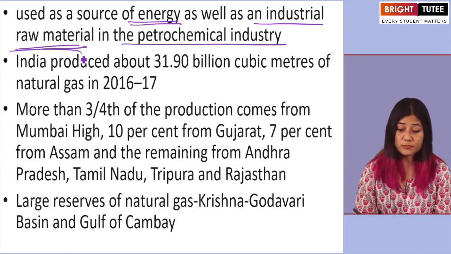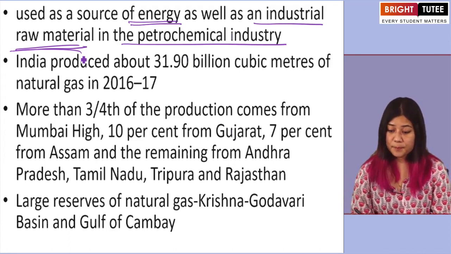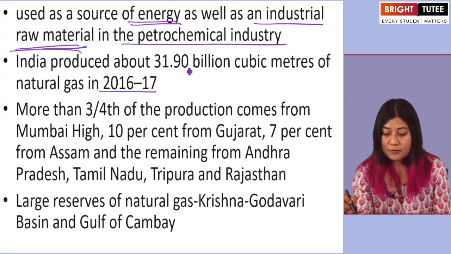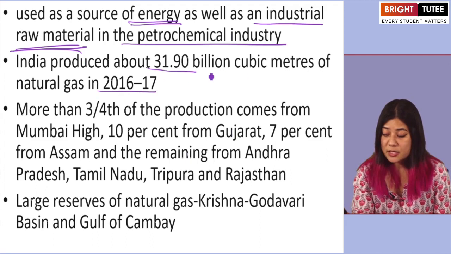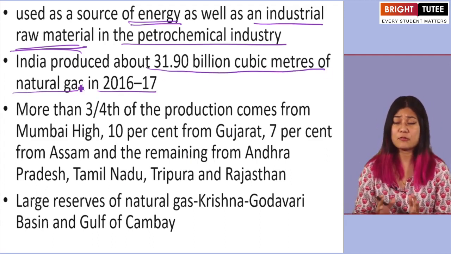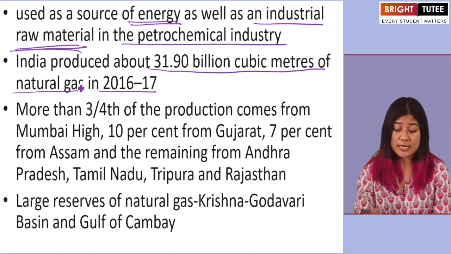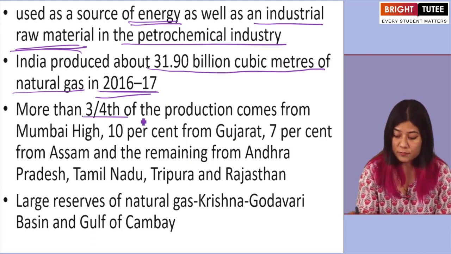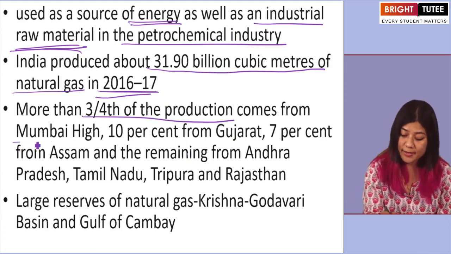In India, in the year 2016 to 17, about 31.90 billion cubic meters of natural gas was produced. So a huge amount of natural gas was produced in India in these years. More than three-fourths of the production comes from Mumbai High.